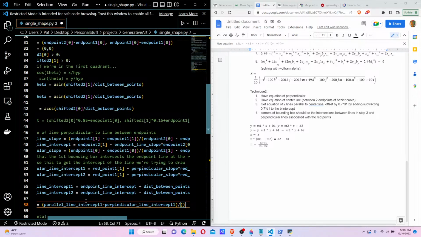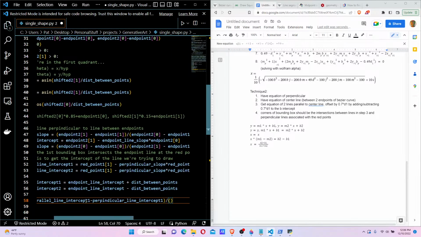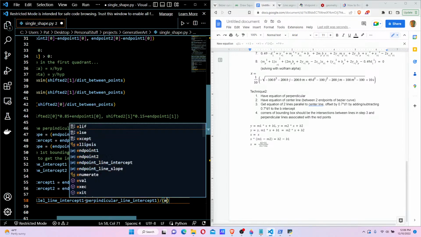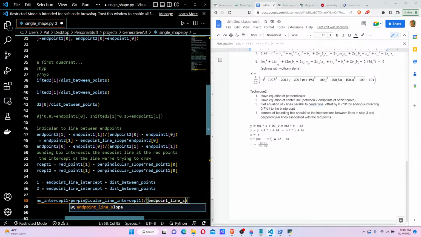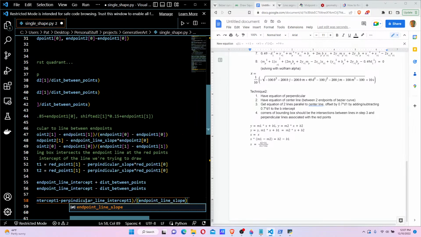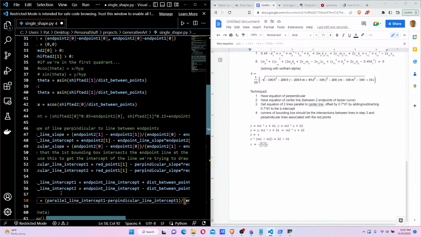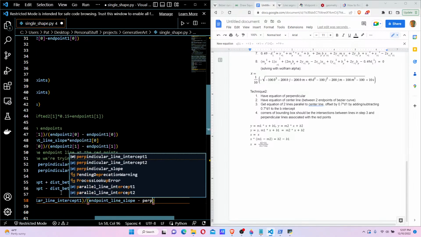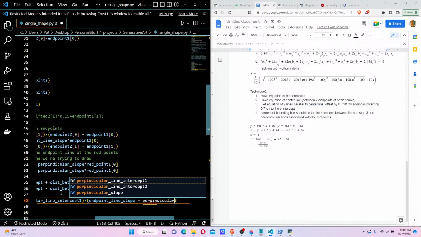So that endpoint line slope m1. So m1 is the endpoint line slope. And then minus m2, which is just the perpendicular slope.